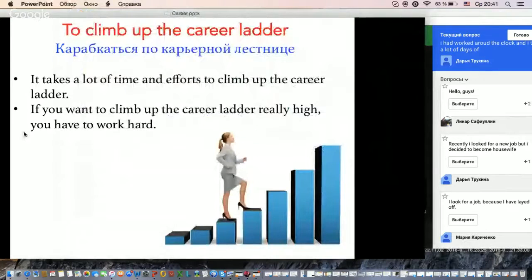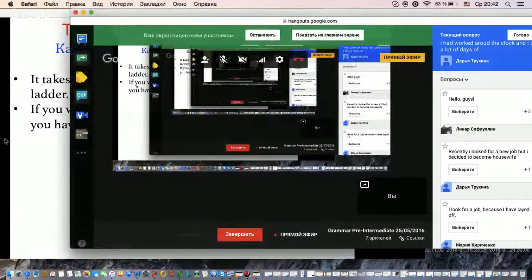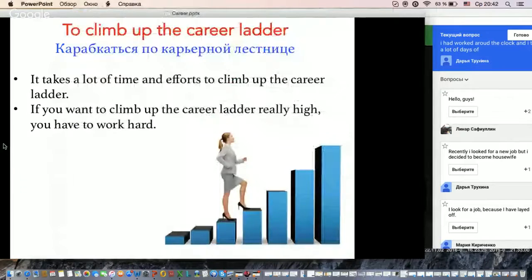Okay, maybe you'd like to say what do you need to climb up the career ladder? Может быть, вы хотите уточнить, что вам нужно для того, чтобы идти вверх по карьерной лестнице. Maybe, если вы хотите идти вверх по карьерной лестнице, то вам нужно делать то-то, то-то и то-то.